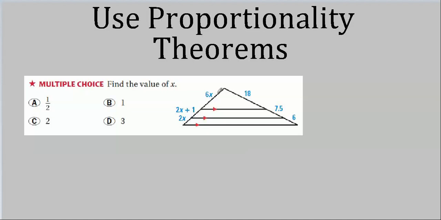However, it's also true that I can say that the ratio of, say, this small one to the whole thing is the same as the ratio of this small one to the whole thing, or this large one to the whole thing. It's hard to say which one will work out better, but let's try putting, say, the ratio of this to this.